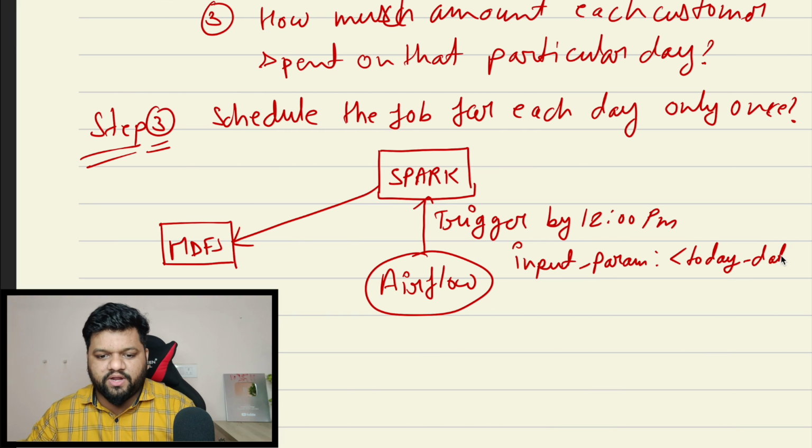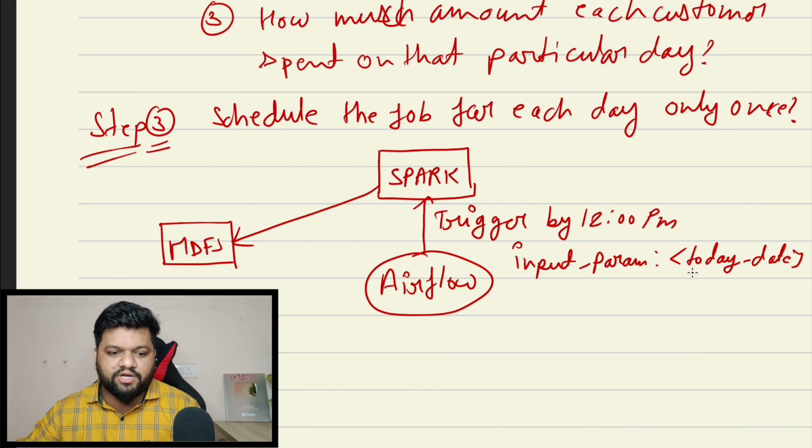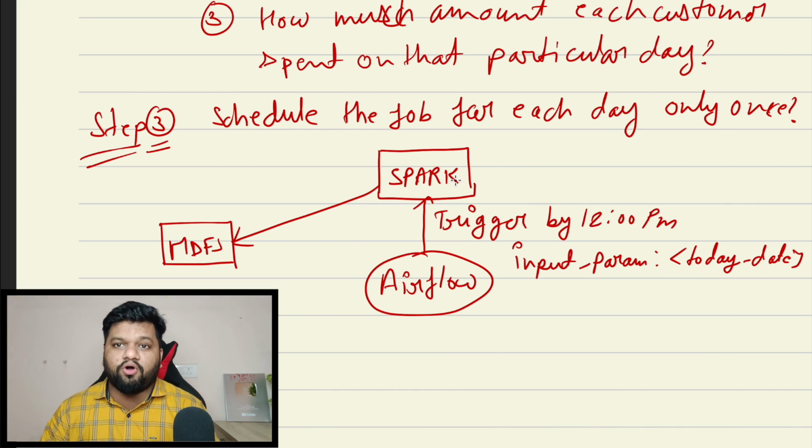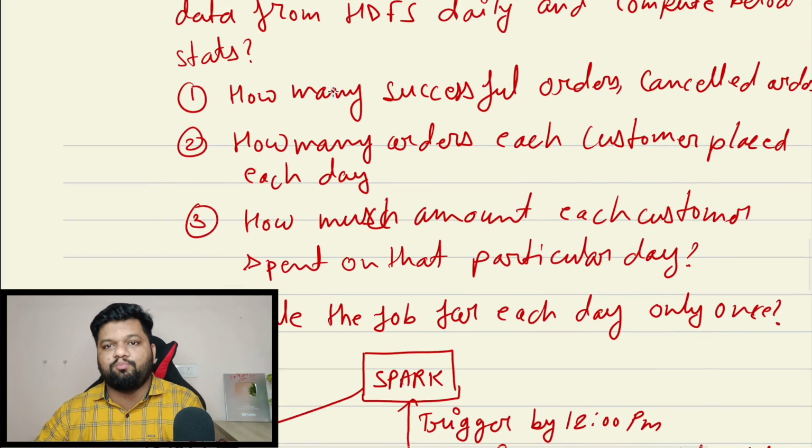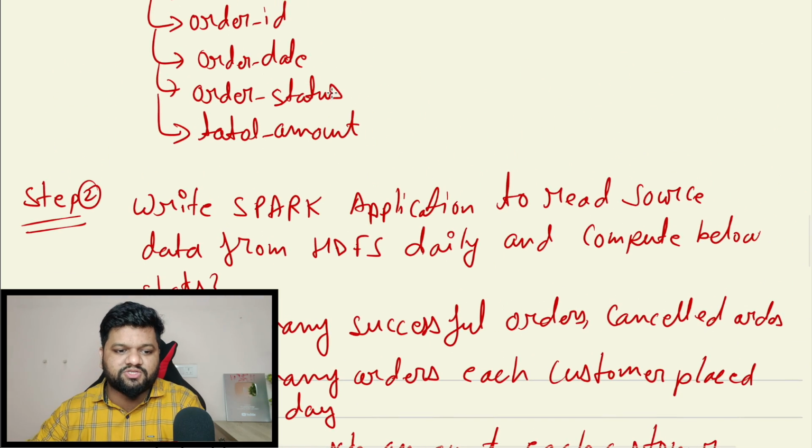If you are able to pass the current date as a parameter to the Spark application, and the application uses it dynamically, not hard-coding the date value within the application itself, it should accept this parameter coming from Airflow, use it, and then somehow you need to convert your input date value into this format.